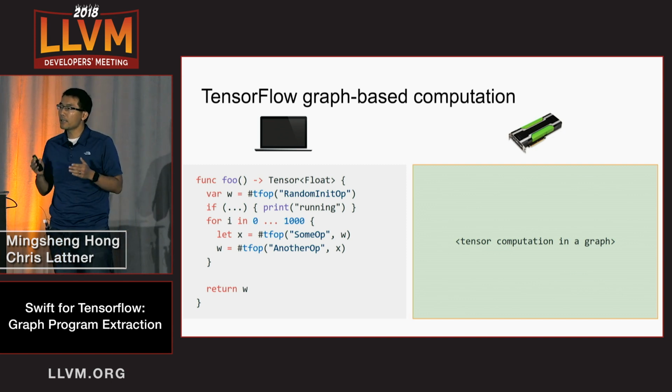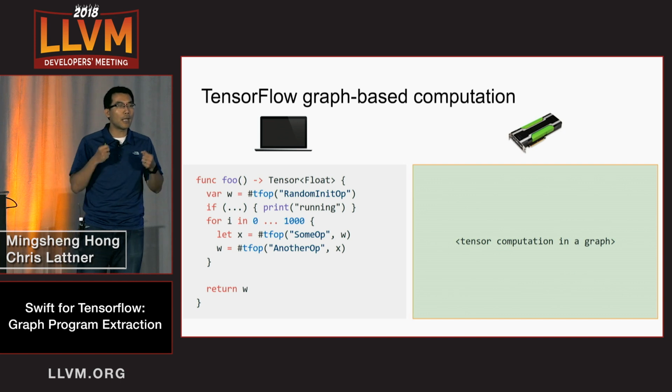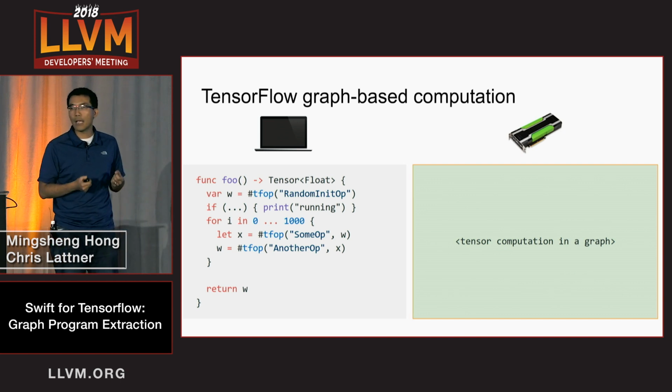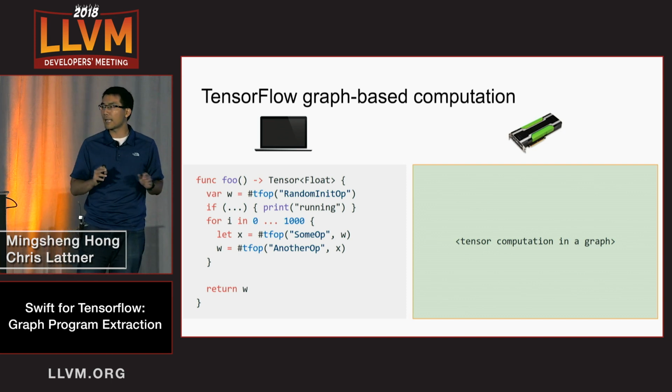The first thing there is that we need to extract a computational graph that involves tensors and tensor operations. Then we can launch it onto TensorFlow, just like launching a GPU kernel. TensorFlow supports other device types, but for familiarity of the programming model, for now we can think of it as a GPU accelerator.